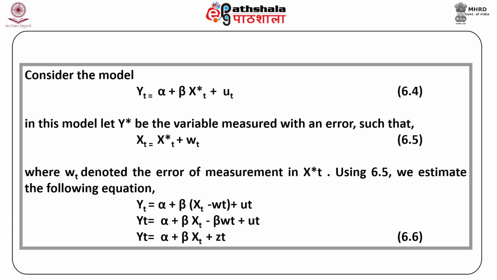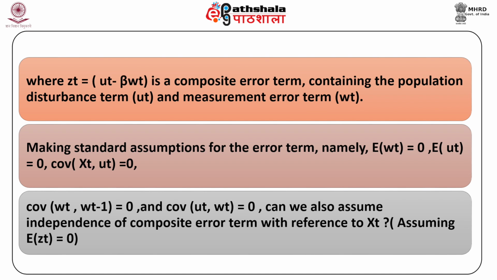Using the above equation, we estimate the following equation: yt is equal to alpha plus beta (xt minus wt) plus mu t, yt is equal to alpha plus beta xt minus beta wt plus mu t, yt is equal to alpha plus beta xt plus zt. Let's call this 6.6, where zt is equal to mu t minus beta wt.